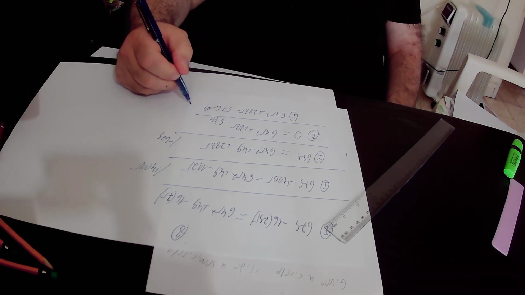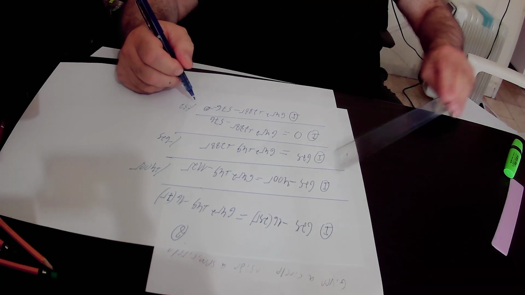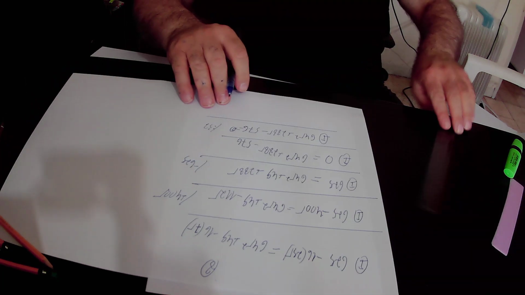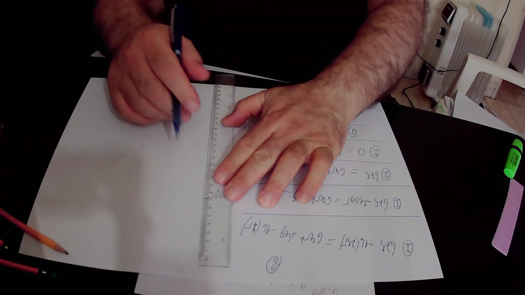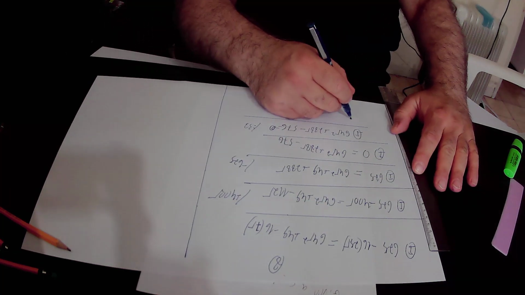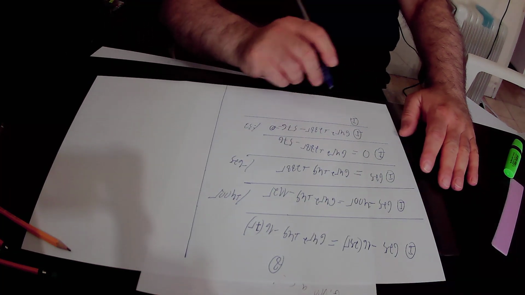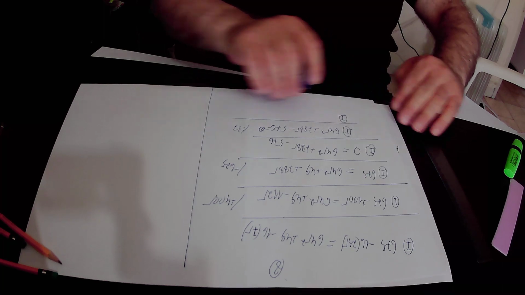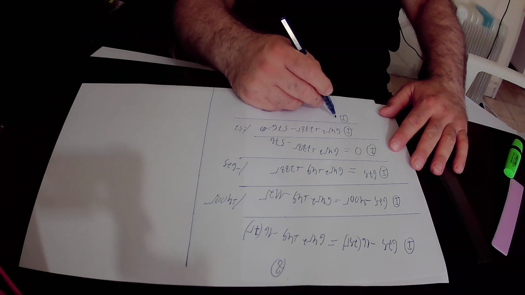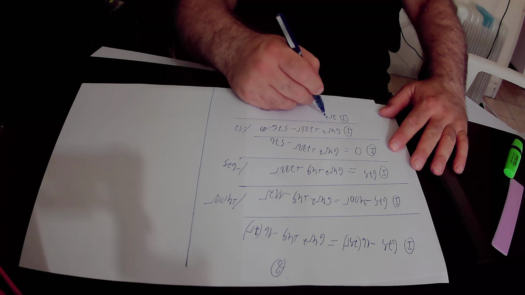We divide the quadratic equation by 32, and we get that according to equation number 1, 64r squared over 32 is 2, so this expression equals in total 2r squared.